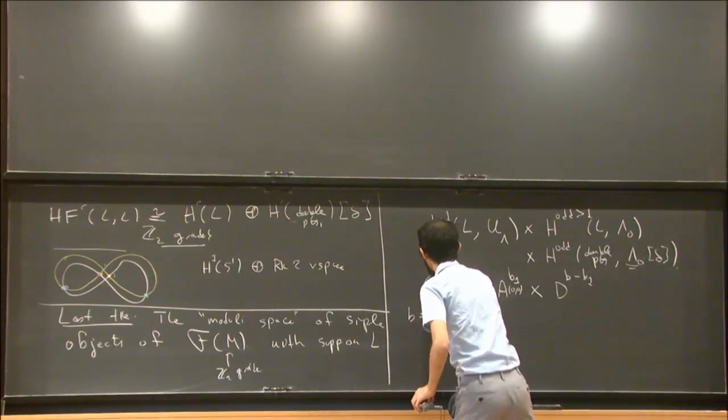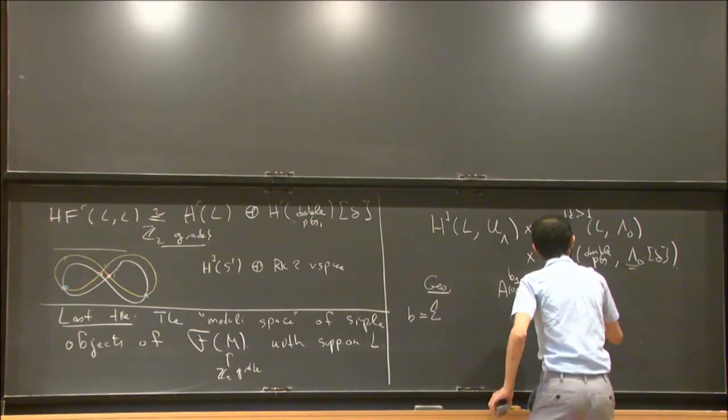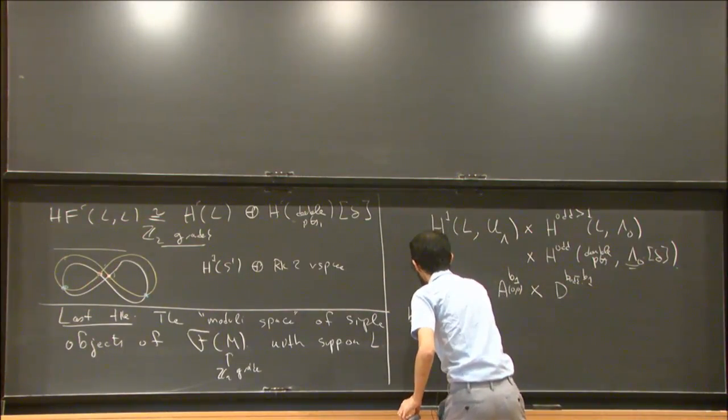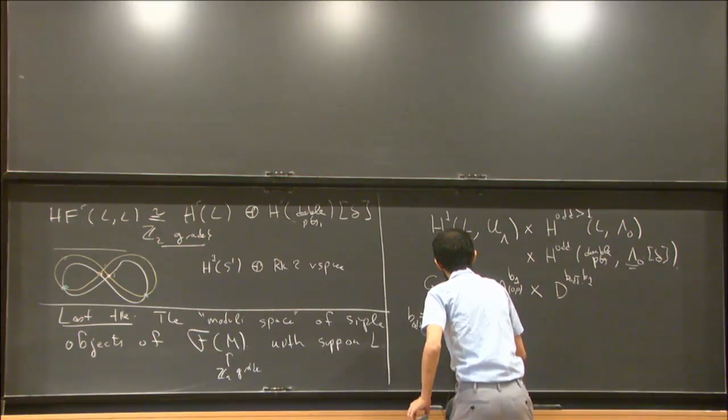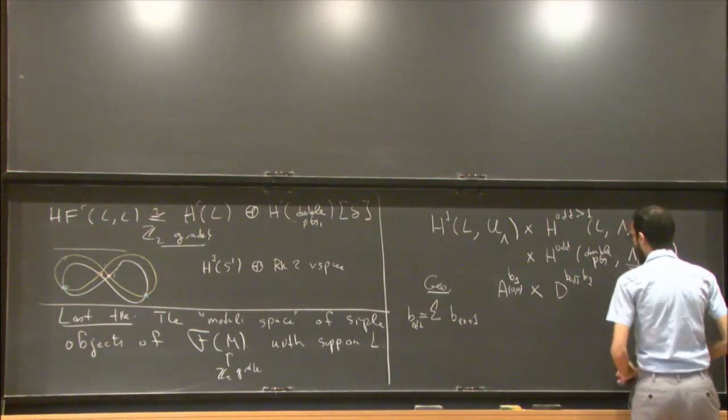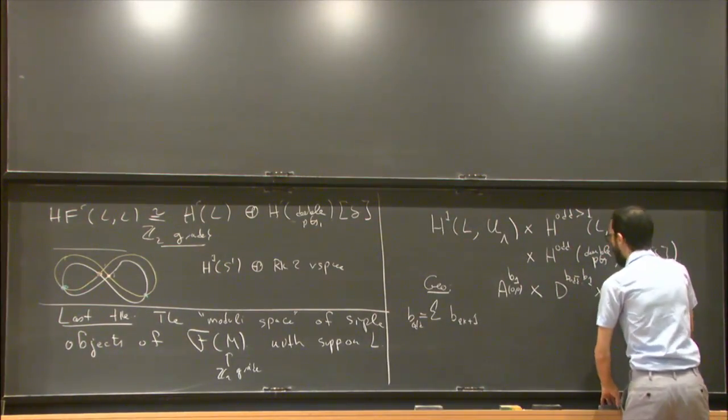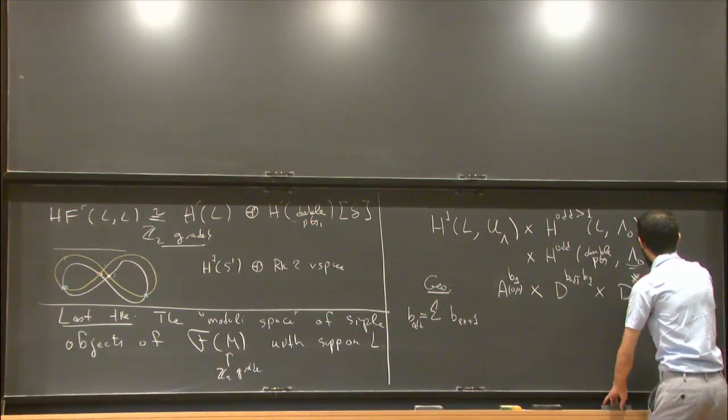B odd is the sum of B2k plus 1, minus B1, cross D, and here I'm just going to write the number of odd double points.